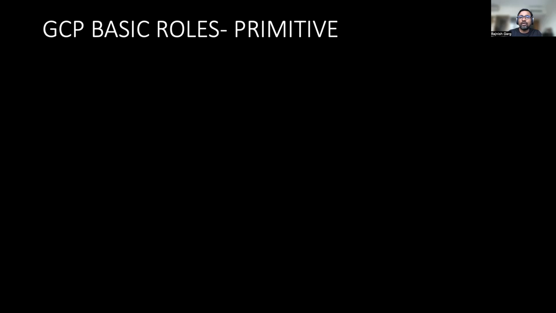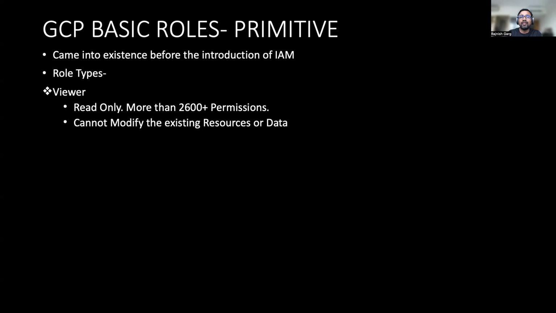First, let's look into the GCP basic roles. Some people call them primitive roles because they came into existence before the introduction of Identity and Access Management. The first role is called viewer. As the name suggests, it is primarily meant for viewing purposes only. But this specific role has more than 2,600 permissions.